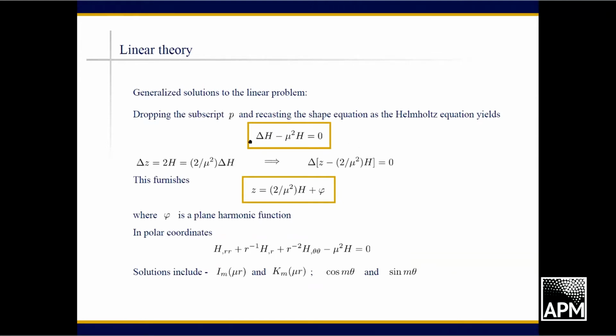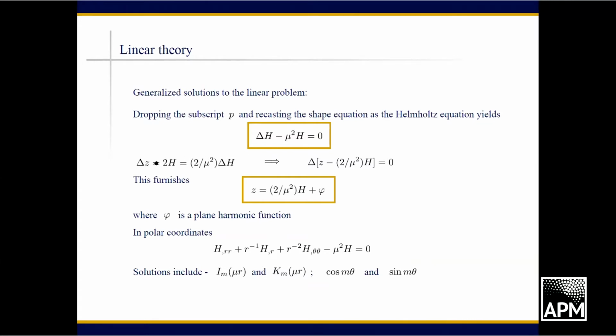We can recast that using the fact that in the linear approximation, the mean curvature is 1/2 the Laplacian of z. We can recast that equation as this Helmholtz equation. And I'll take the Lagrange multiplier to be positive and call it mu squared in this context. And we'll take it to be an assigned positive constant.